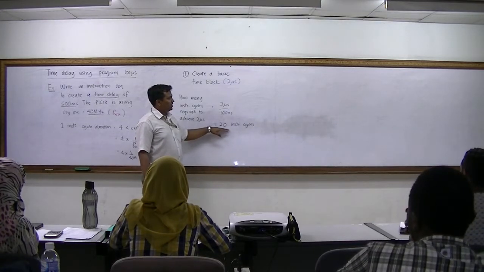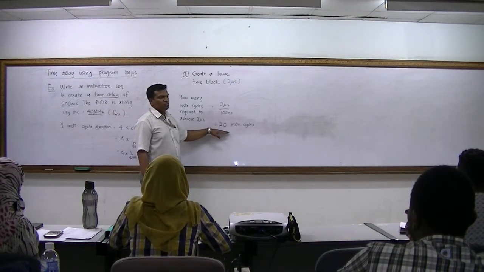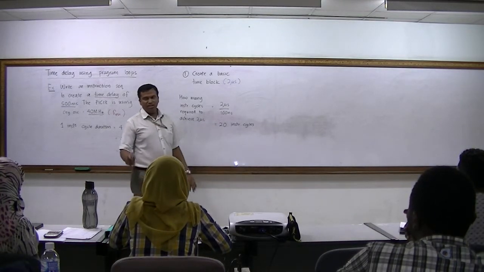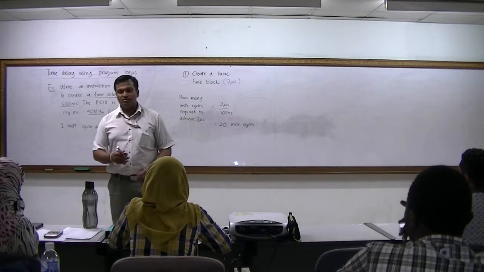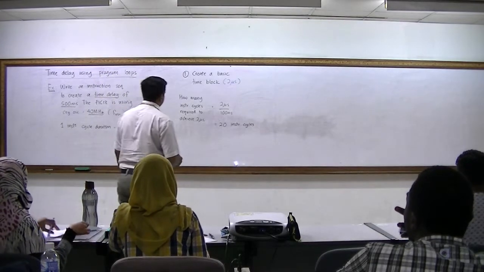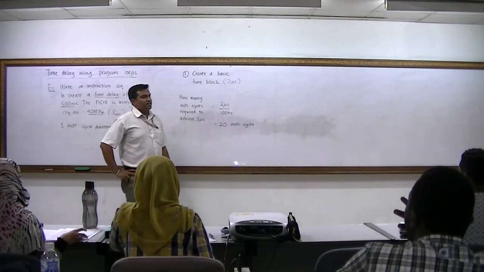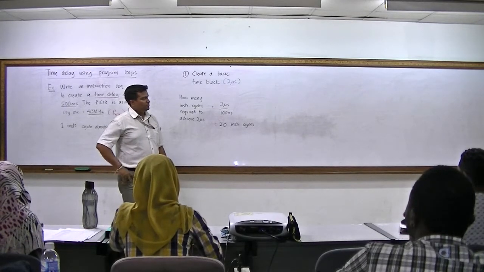How can we achieve these 20 instruction cycles? We're going to use the NOP instruction. How many instruction cycles does NOP have? Can you check? NOP takes one instruction cycle.